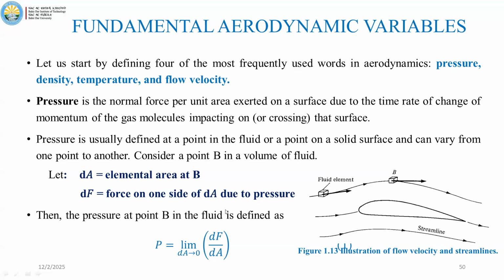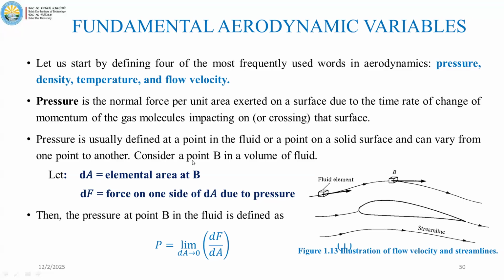Okay, so let's consider the fluid element which is moving through this streamline, and assume that this is an airfoil. The flow velocity at any point you can define here. The fluid may have translational motion as well as rotational motion at this point. So we can take a point property here.